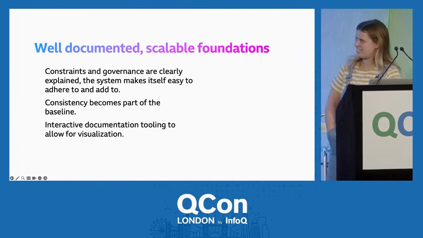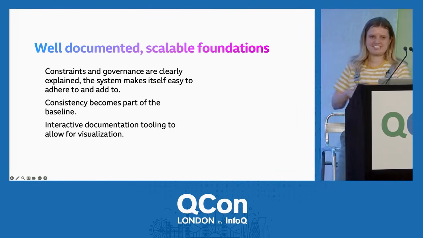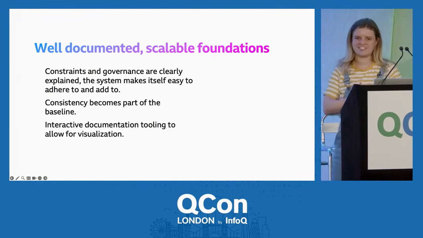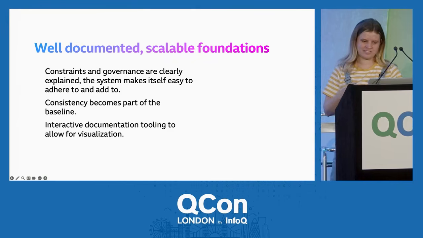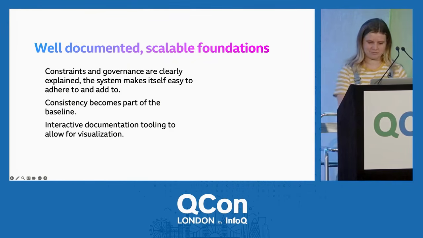But it's really easy to adhere to, but also to add to. And then that means that consistency really becomes part of the baseline of the experiences that you're building. And we also have that interactive documentation tooling to allow for visualization. So lots of different ways into that documentation, but super, super clear what is expected of us and how to use those foundational elements of the system.